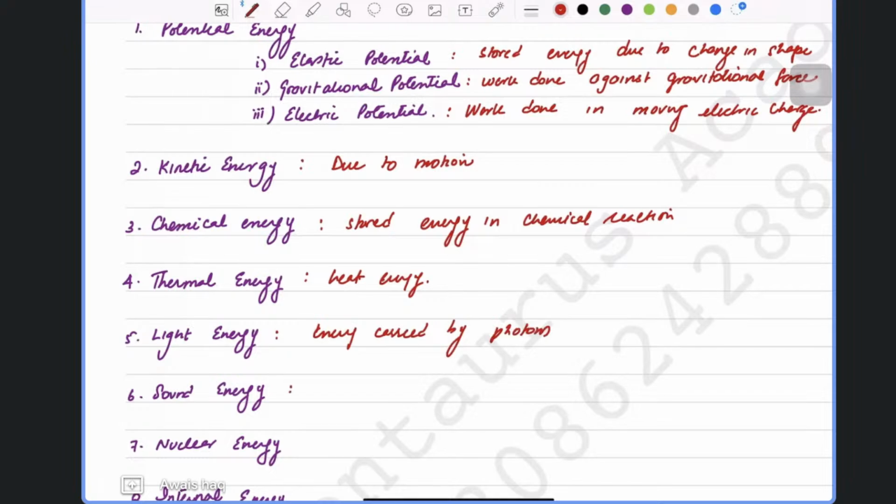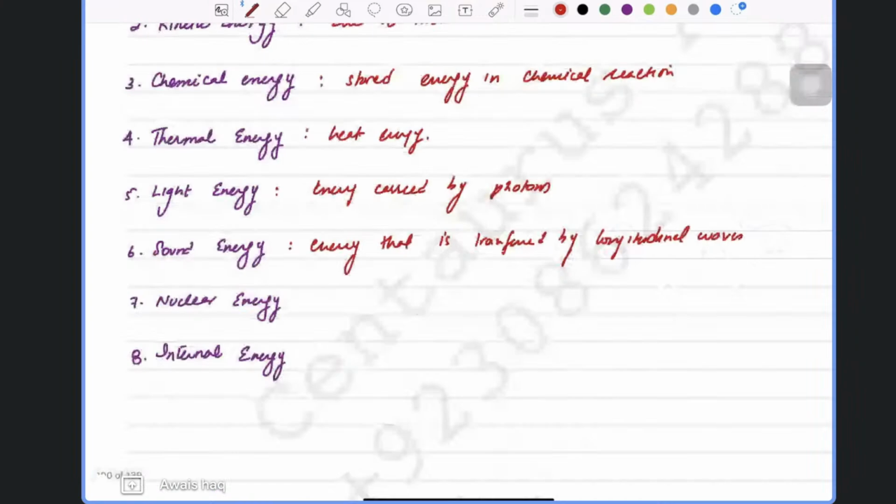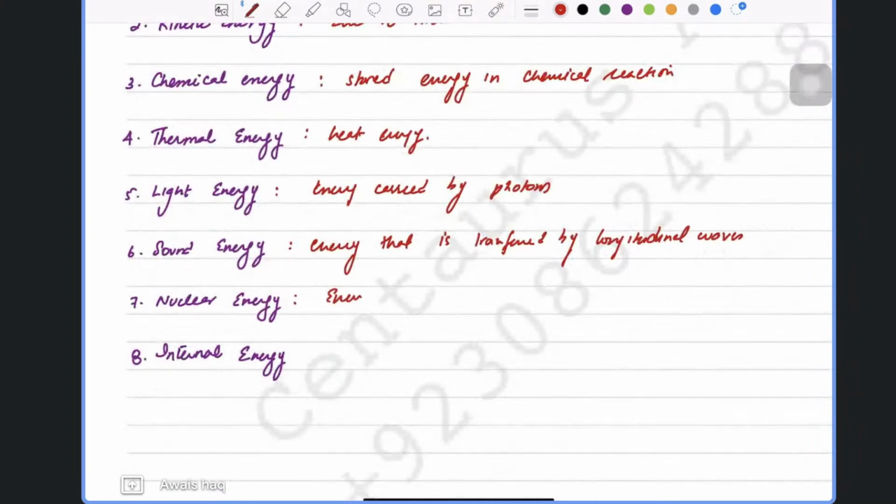Then you have sound, which is the energy transferred by longitudinal waves. Then we have nuclear energy, energy released when unstable nuclei break down.